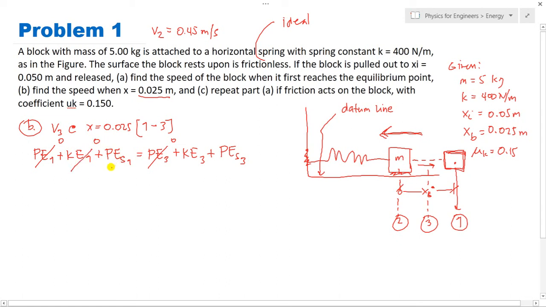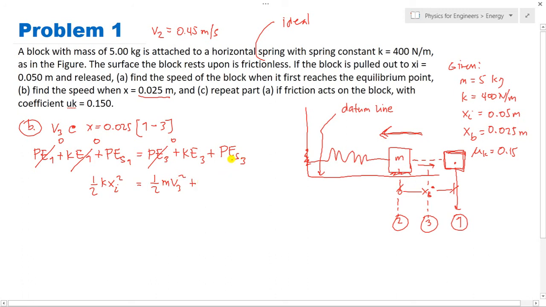So we only have spring potential energy at point 1, that is 1/2 k times the displacement of state 1 with respect to the equilibrium position, x_i squared. And the kinetic energy at point 3 is 1/2 m v3 squared.